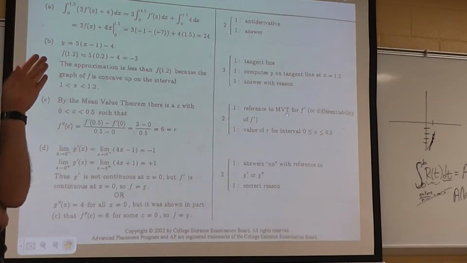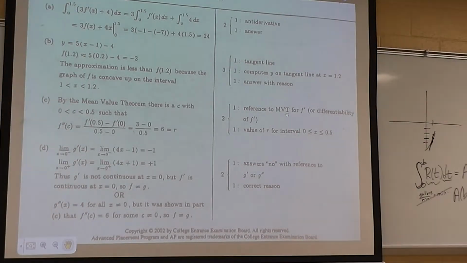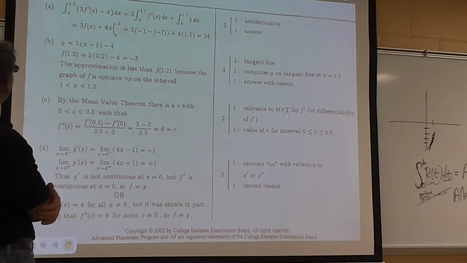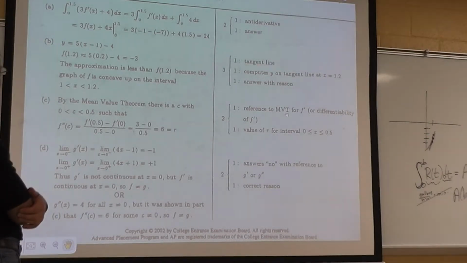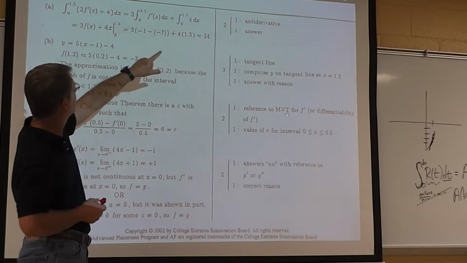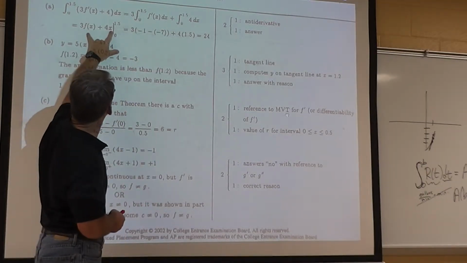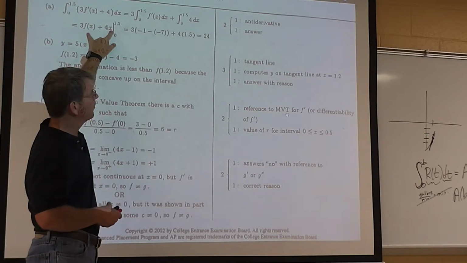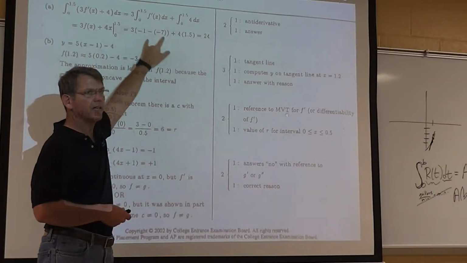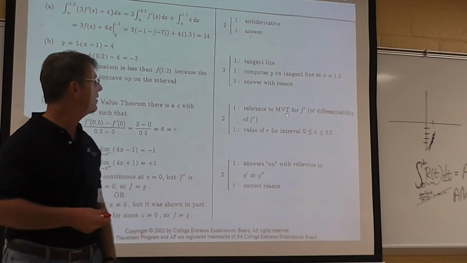This is just very cut and dried, something they'll email the teachers as a reference. But part A was a 2-pointer. If you got the antiderivative, if you integrated this piece and got these two, then you earned the first point. And then if you subbed in correctly and got either this or 24, you got the second point.